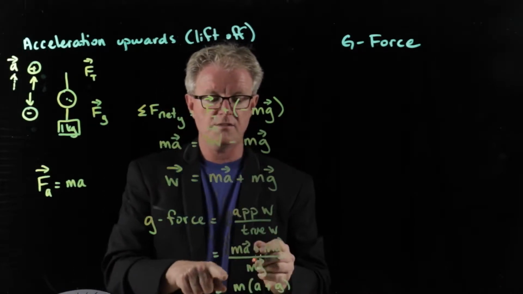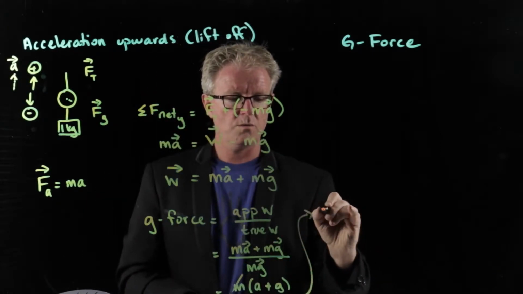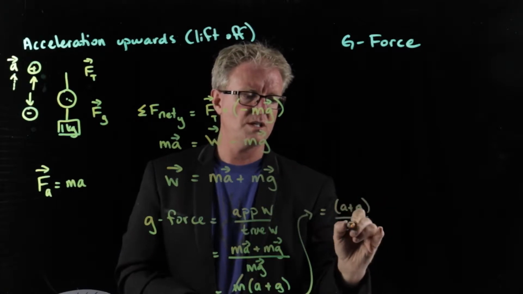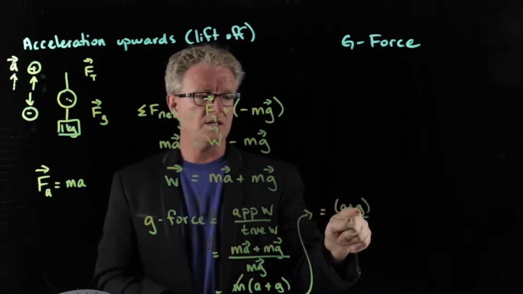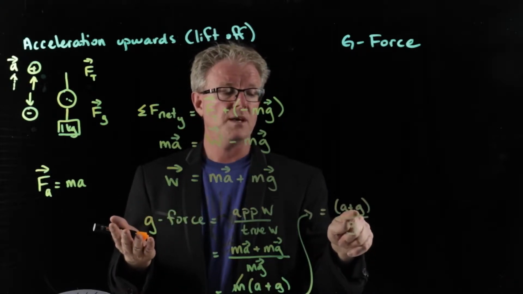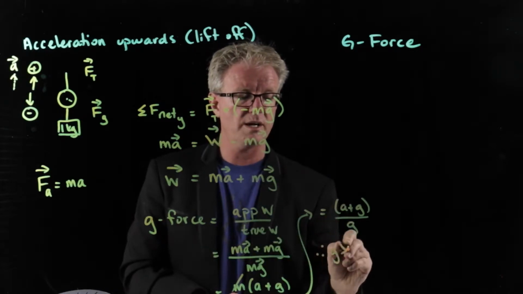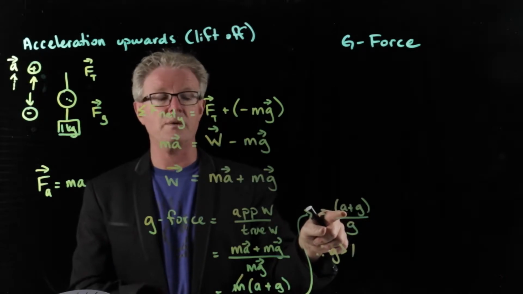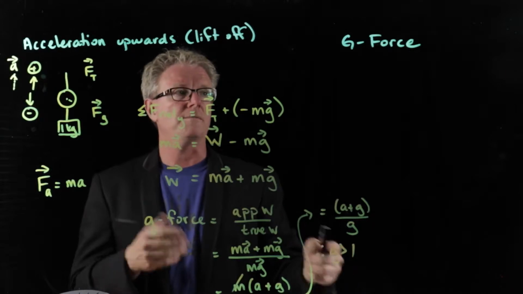Okay, and I can even cancel the m's now. So this would be equal to (a plus g) over g. In other words, your apparent weight is the normal g experienced at ground level plus your acceleration. So therefore, g-force is greater than 1. Depending upon how fast you're accelerating will depend whether you feel 2g, 3g, 4g, etc.